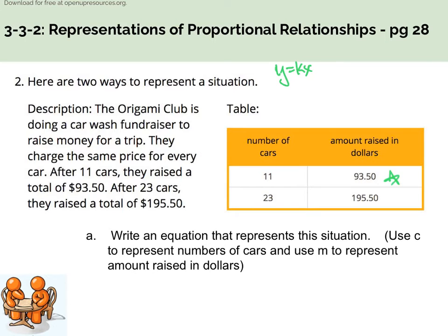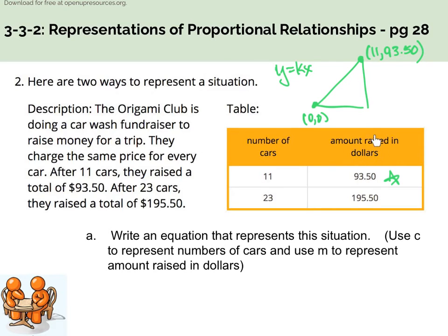So I'm going to take this top point. Again, it starts at 0, 0. I'm going to make a right triangle. We have 11, 93.50. Oh yeah, sorry, I forgot to talk about independent and dependent variables. We're talking about number of cars, and we have dollars.